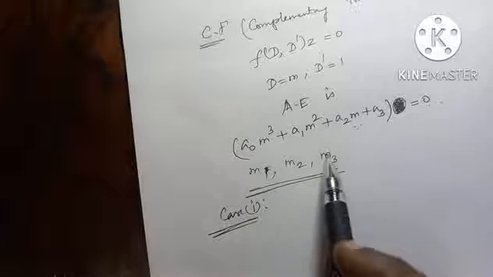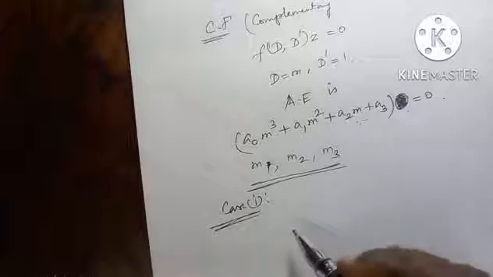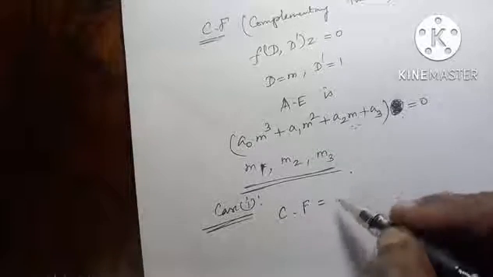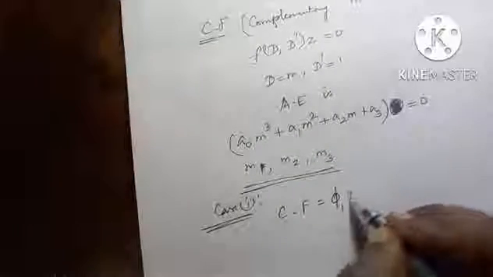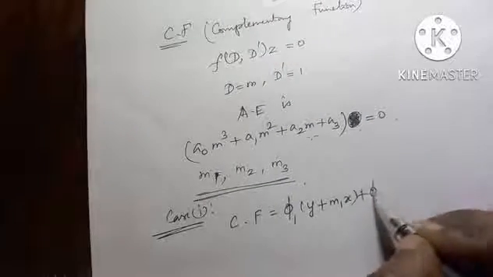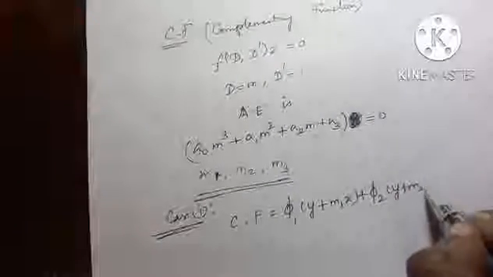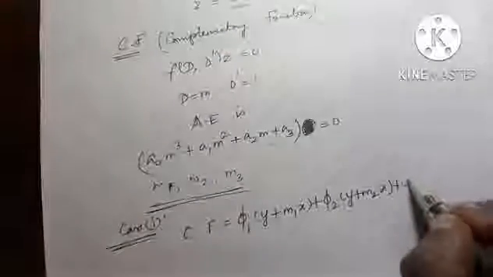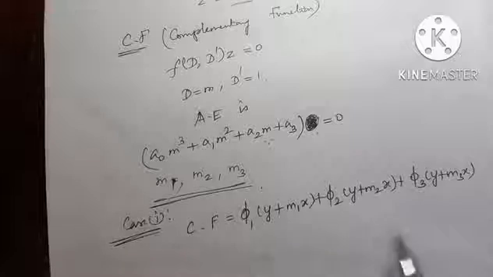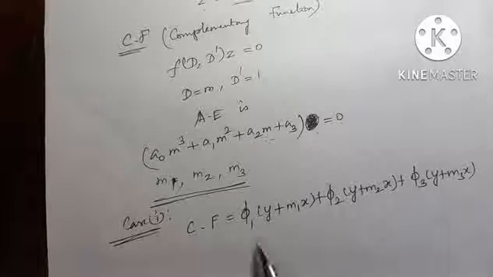Then the complementary function is, if the roots are distinct, phi1 of y plus m1x plus phi2 of y plus m2x plus phi3 of y plus m3x, where phi1, phi2, phi3 are arbitrary functions.